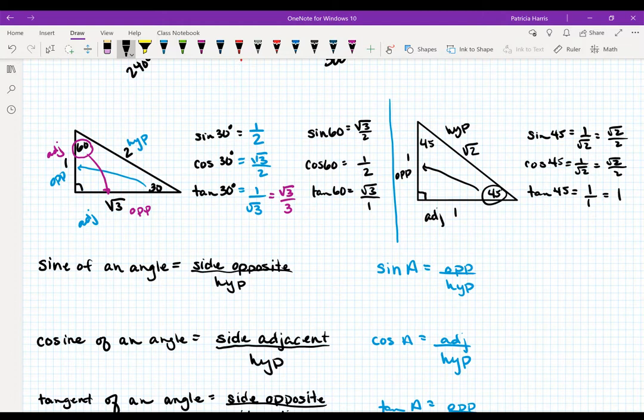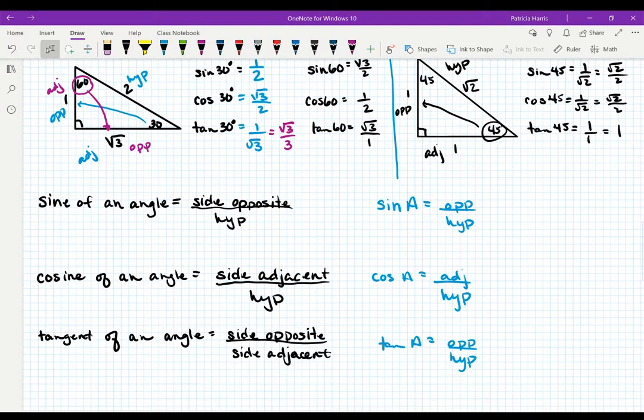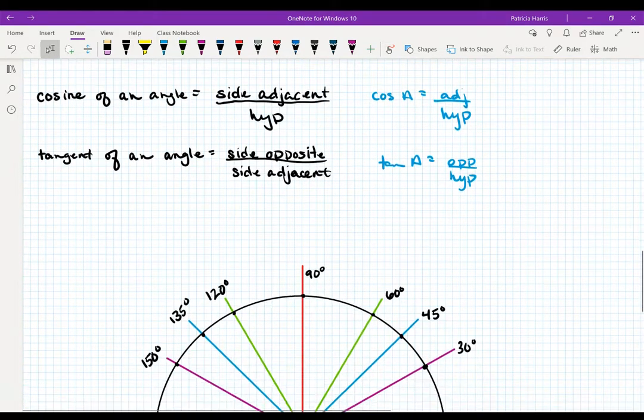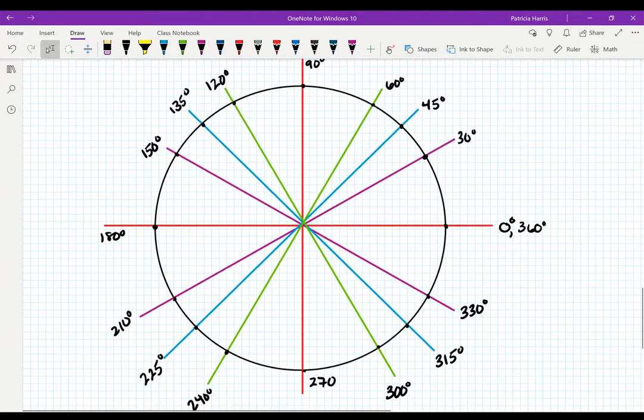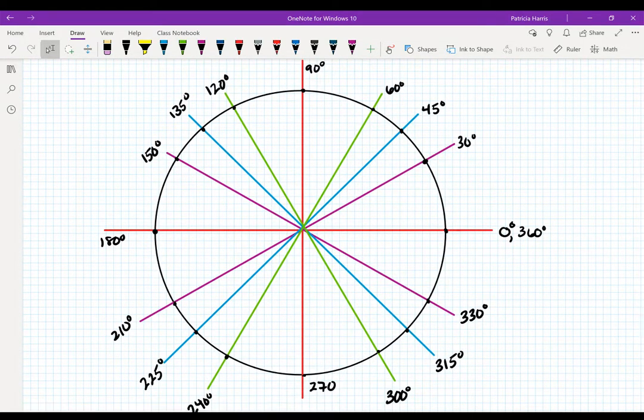So let's start building that unit circle. All right. So what we have here is we have our unit circle. Again, we're going to find the values of the x and y coordinates.